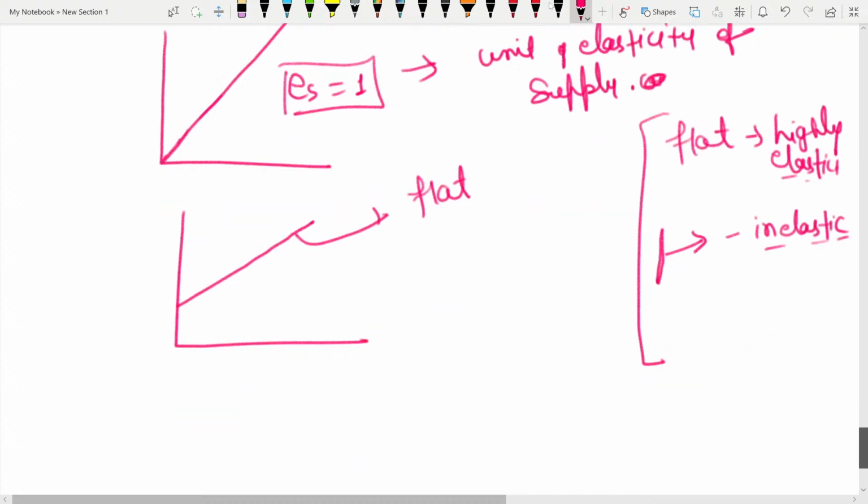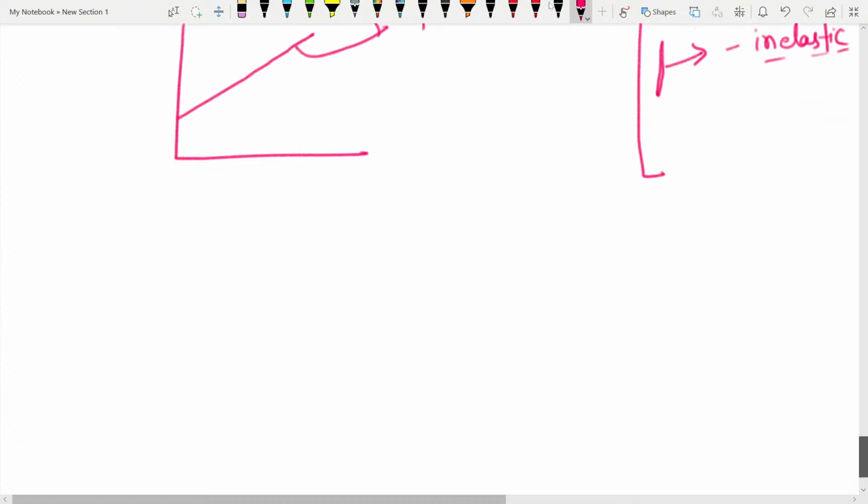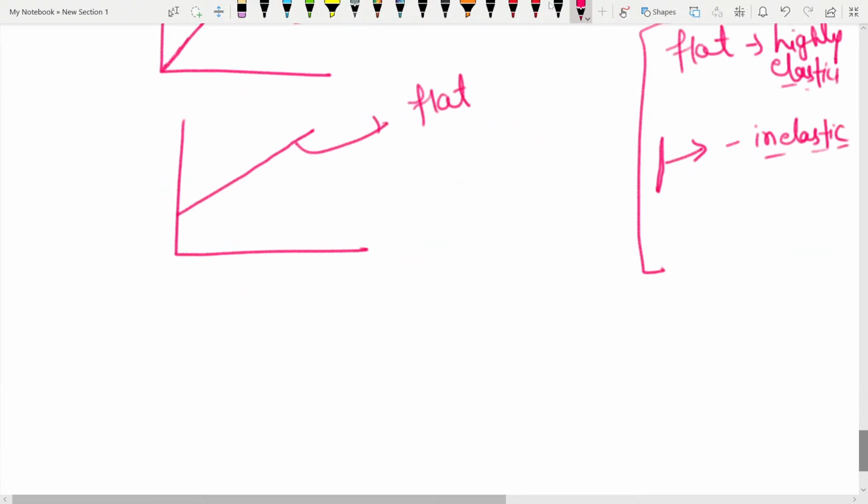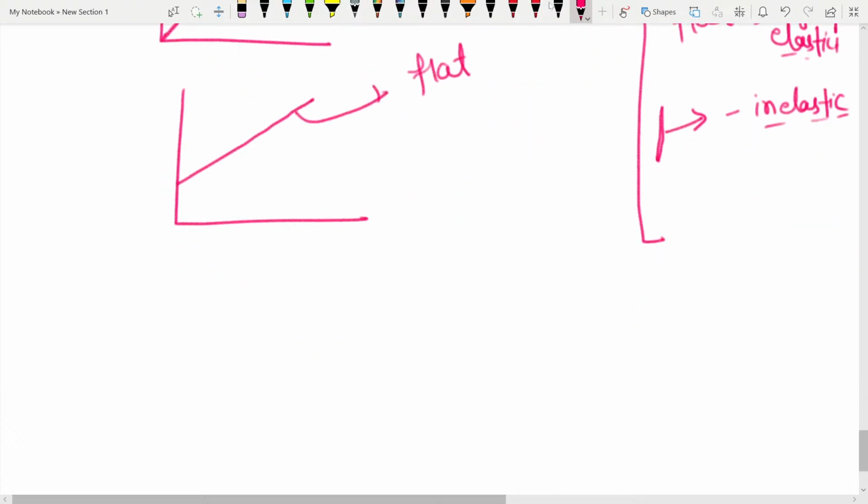What does it mean, elastic and inelastic? Let me tell you briefly, because I already discussed price elasticity of demand.